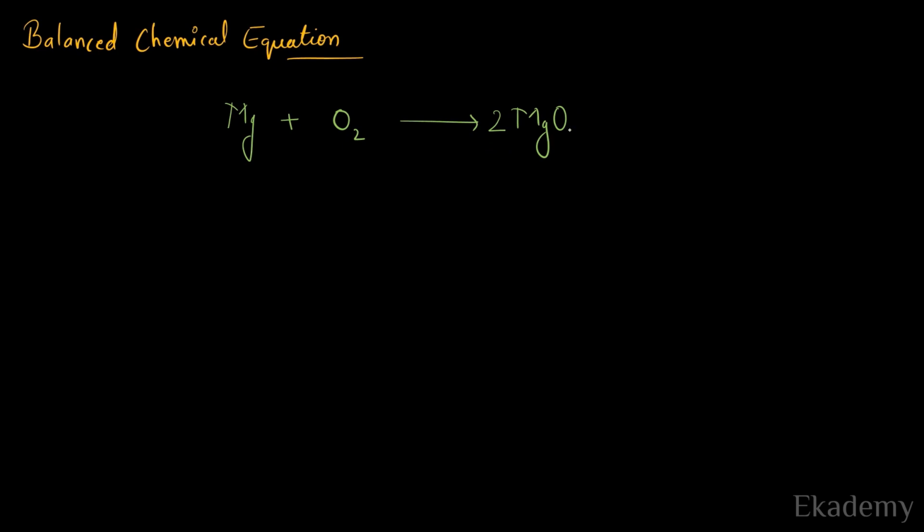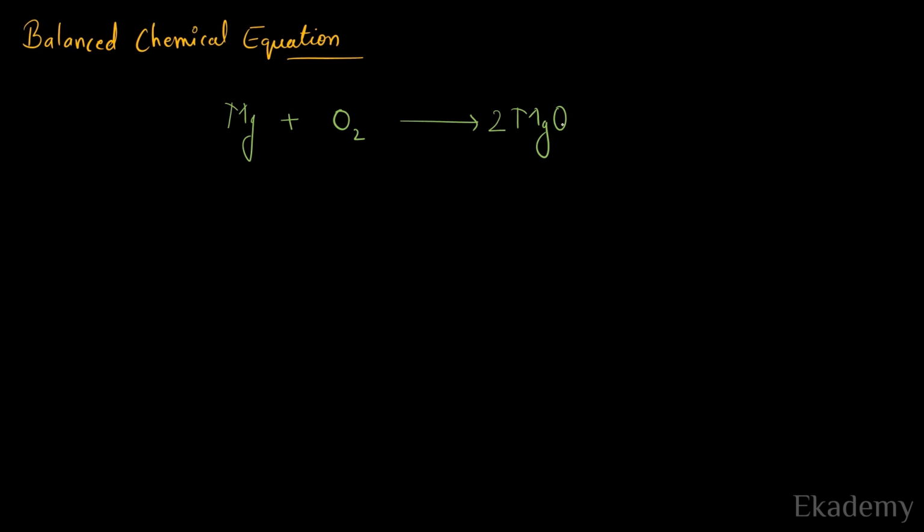We cannot put it here because that will alter the chemical composition of the compound, and then this compound is no longer magnesium oxide. The formula of magnesium oxide is MgO only. As soon as we write 2 as a coefficient before the formula of magnesium oxide, this 2 belongs to both magnesium as well as oxygen.